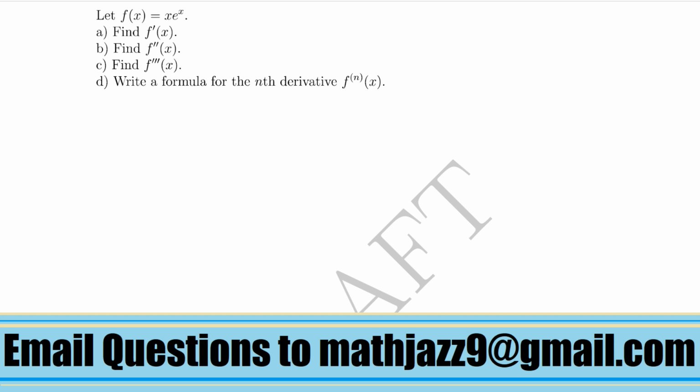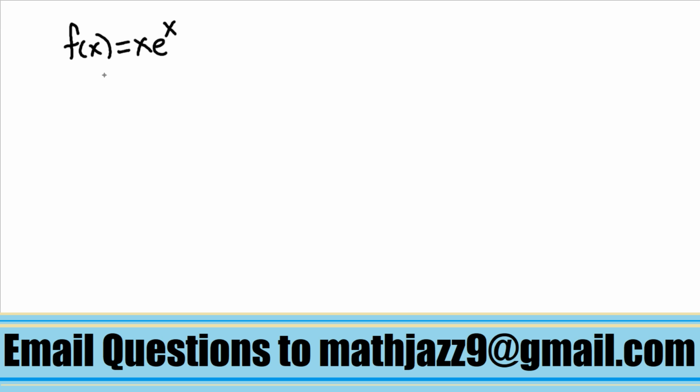Okay, so I will not forget to switch the camera over this time. So the camera is switched over, and we will solve this problem. So we were told to find the first 3 derivatives and then find a general formula for the derivative. So let's see what that looks like.